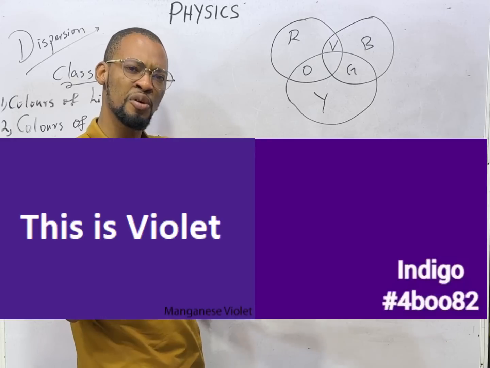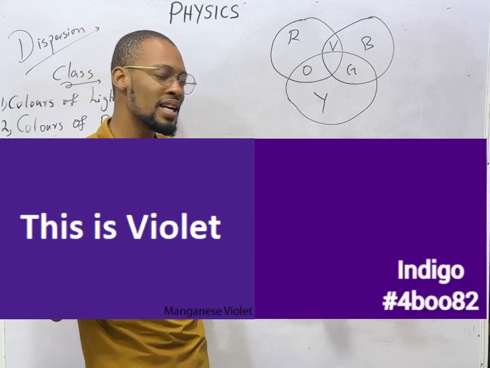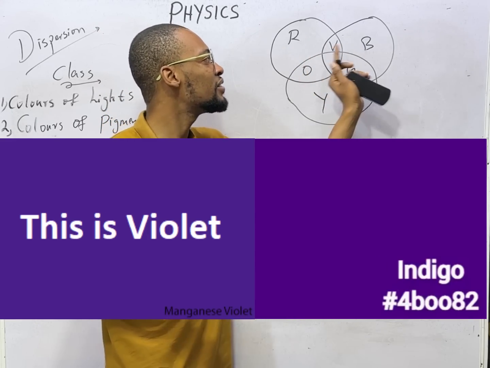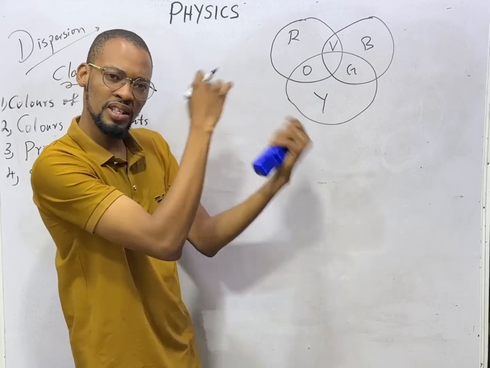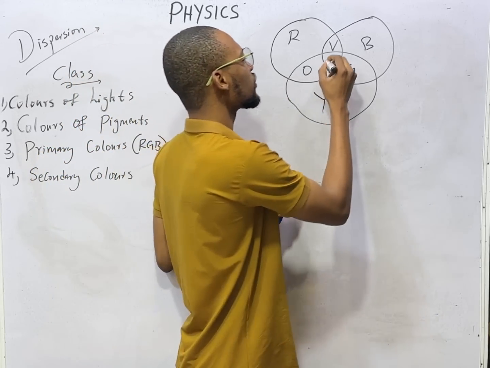Our normal ROYGBIV, the colors that are produced, is supposed to be ROYGBIV. Skip the I. Say arrow ROY G B V. Now, if all these colors are combined or all these colors are reflected, they will give us white.